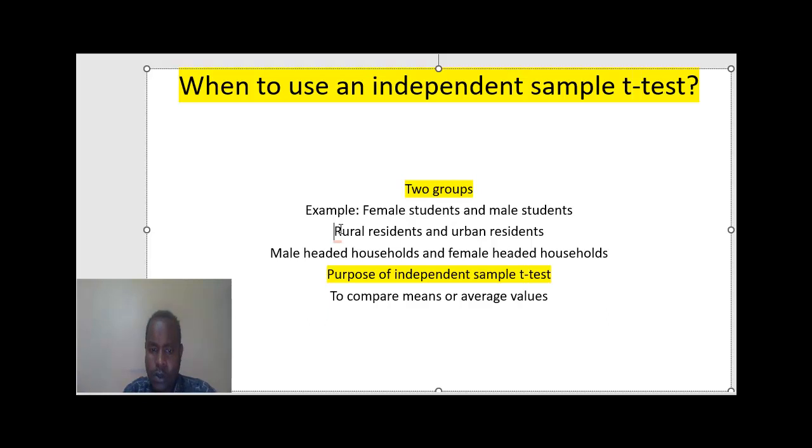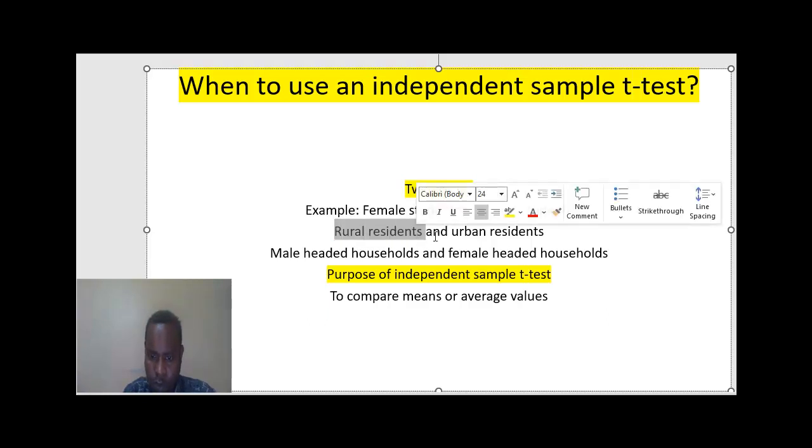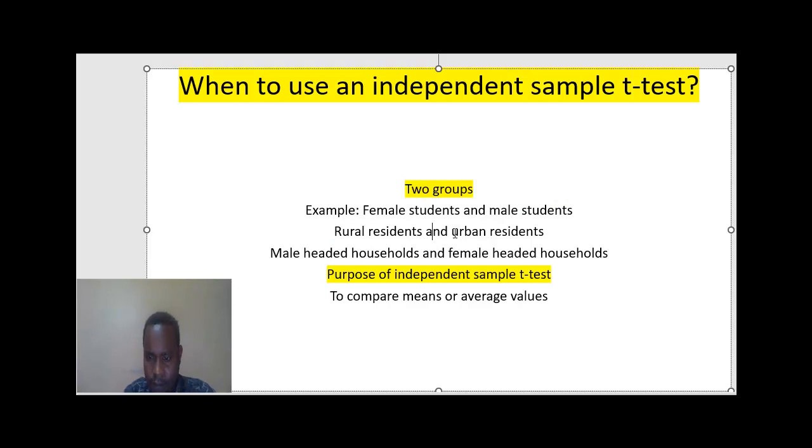Or we can use t-test to find out whether or not there is income difference between rural residents and urban residents in a particular country. Okay, we would collect data from the rural residents regarding their annual income. We change the harvest, the farm yield, and then we turn it into monetary values.